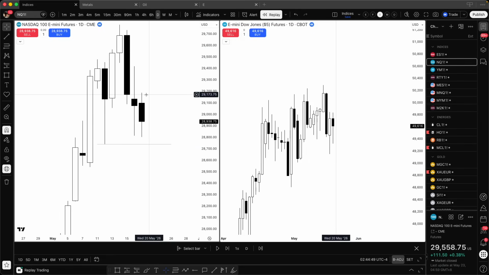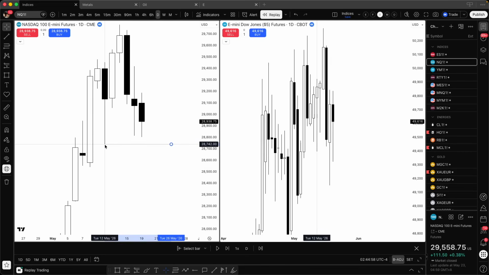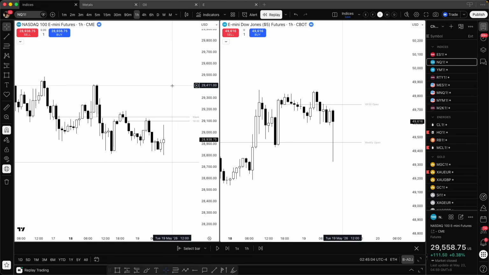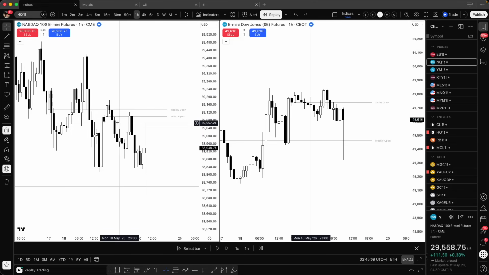We have a small wick to the upside on both assets. So I'm expecting price to be able to take this draw. This is my draw on the day, okay? And now that we have our bearish bias on the weekly and at the daily, let's look at what the intraday has done. If you look at the intraday, we form our high of week on Asia.